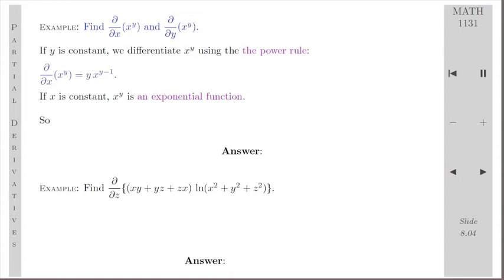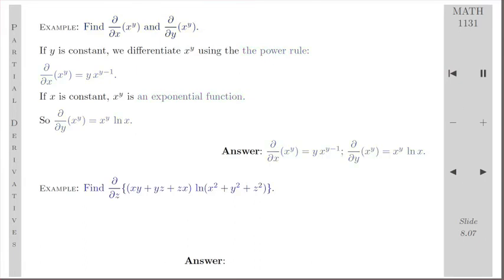And the rule says you get the exponential times ln of the base times derivative of the exponent. So in this case, I get x power y times ln of the base, ln of x, times the derivative of the exponent. The exponent is y, its derivative with respect to y is 1. So the partial derivative with respect to y is just x power y ln x.